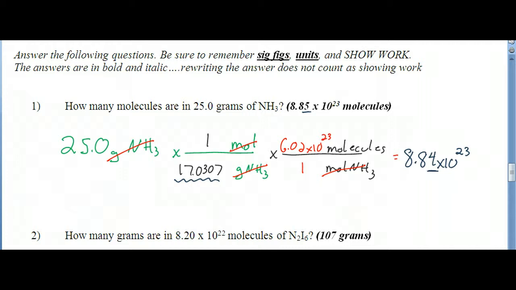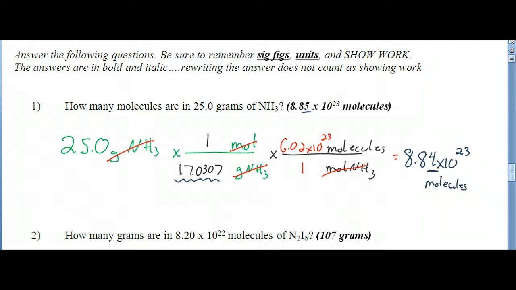Being halfway there or off on a different magnitude of scientific notation, that would be bad. 7.84, that would be bad. 8.54, that would be bad. But 8.84 is very close to 8.85, so that is okay. So this is again converting grams to molecules, and it does take a couple of steps.